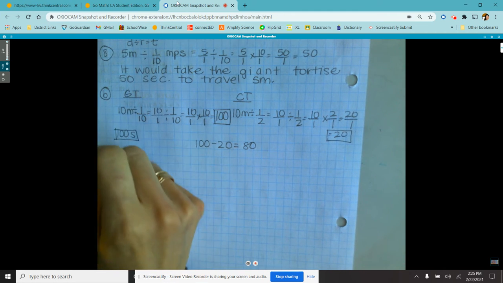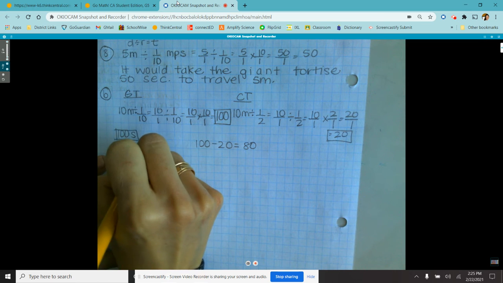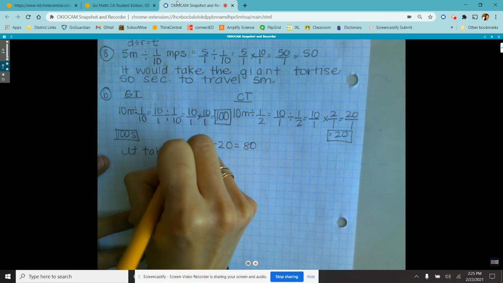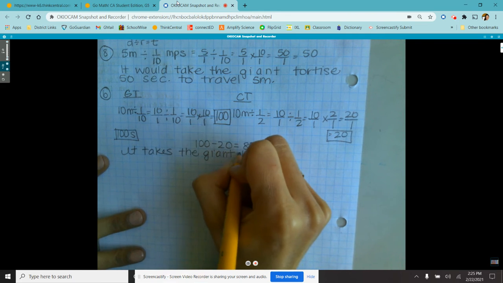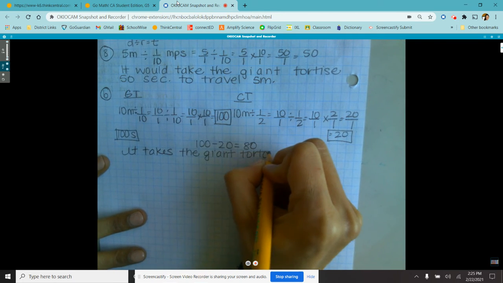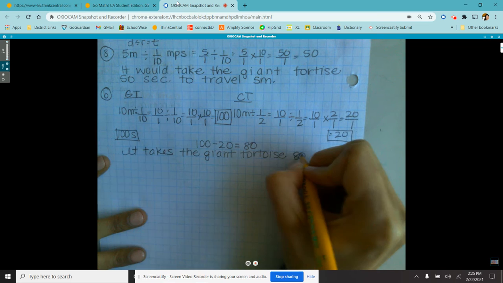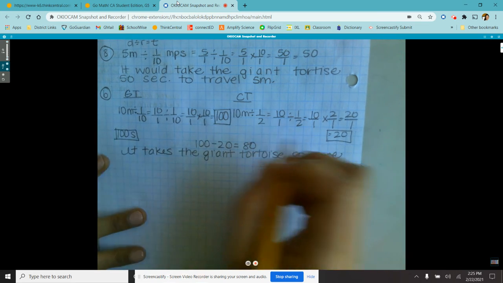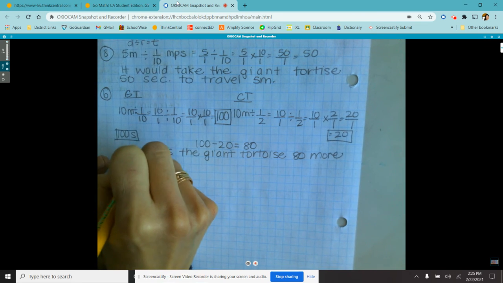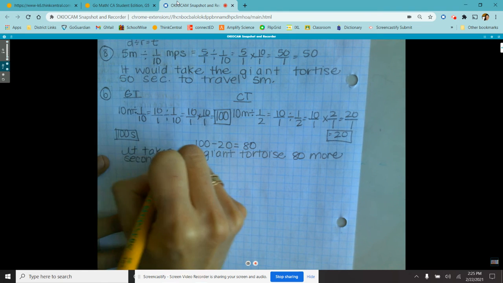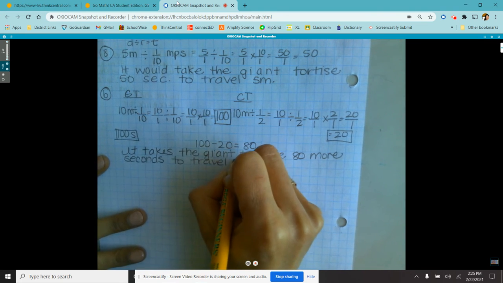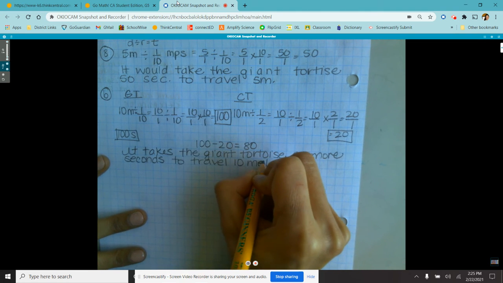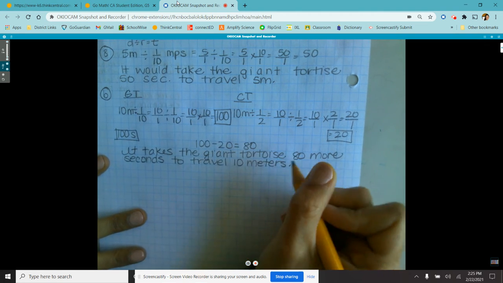So it takes the tortoise 80 more seconds to travel 10 meters.